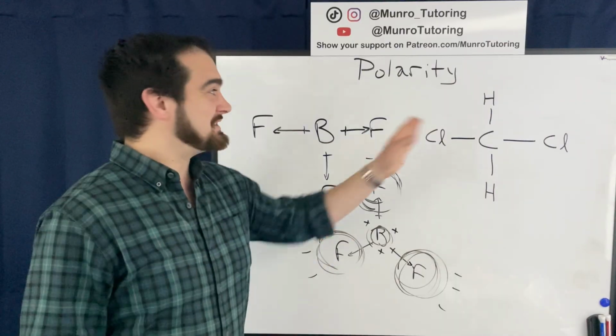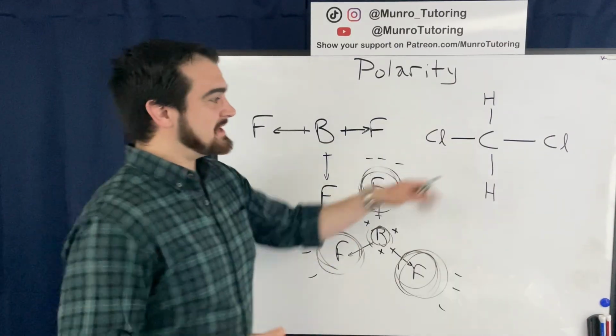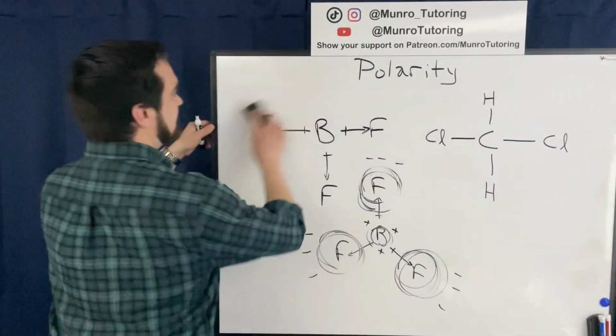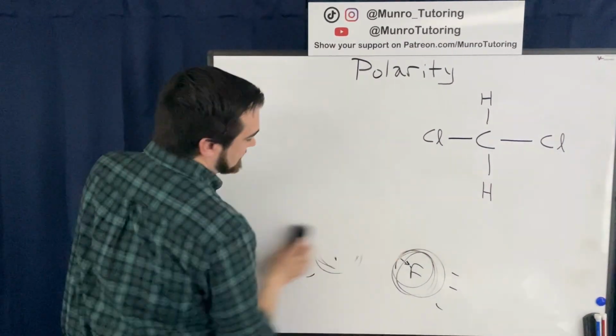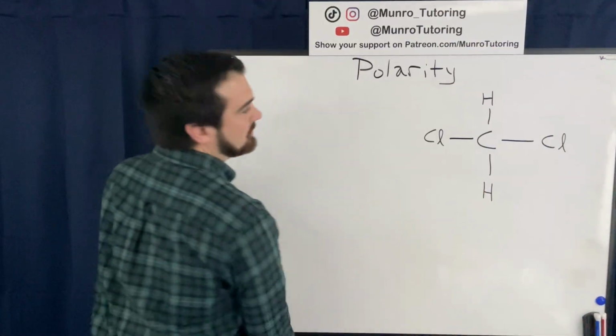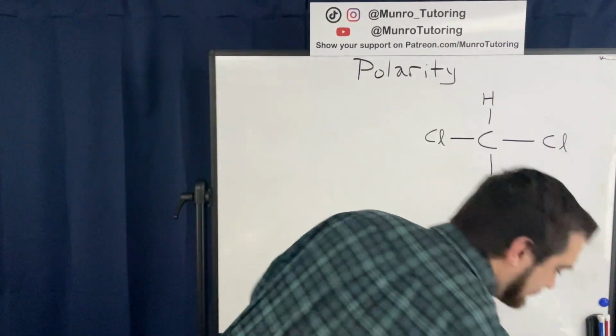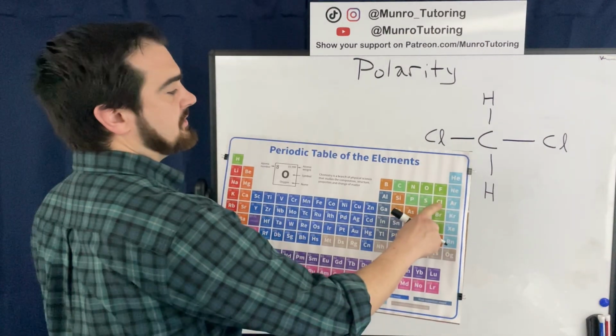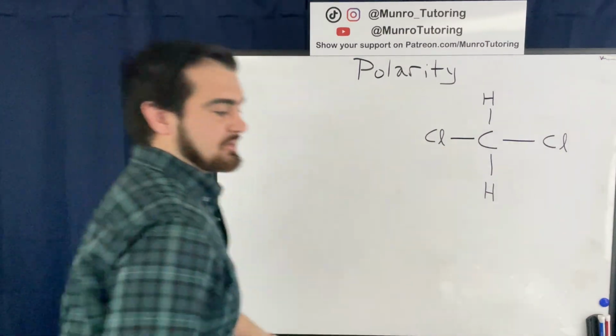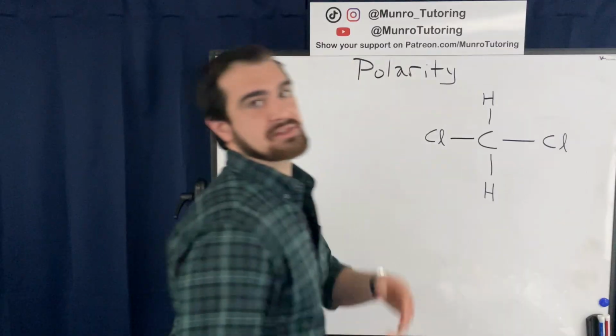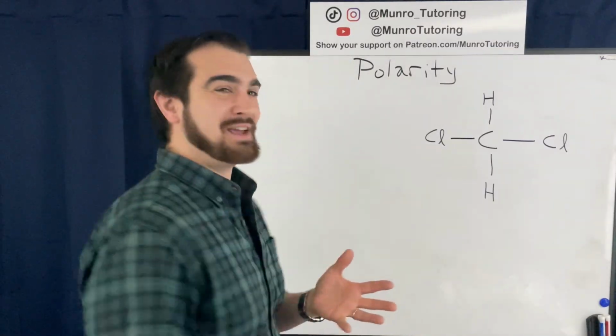So now let's look at the other example. If we take a look at this one, and let me just get rid of this now. If we take a look at this one and we draw our bond dipole moments, well, we know that chlorine is more electronegative than carbon. You can also just look at an electronegativity table.